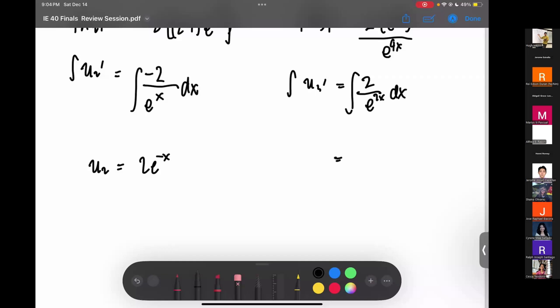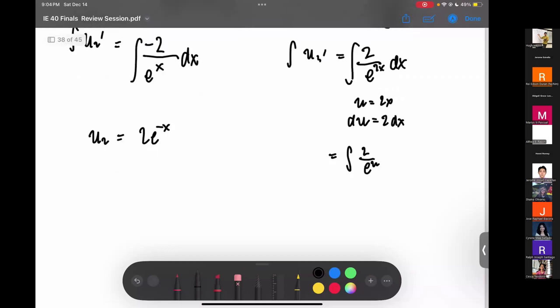So in this case, this is also just 2e negative, mawawala yung 2 kasi you will use u sub here. U is equal to 2x, du is equal to 2 dx. So then you have 2 e to the u, which will then become negative e, negative 2x.